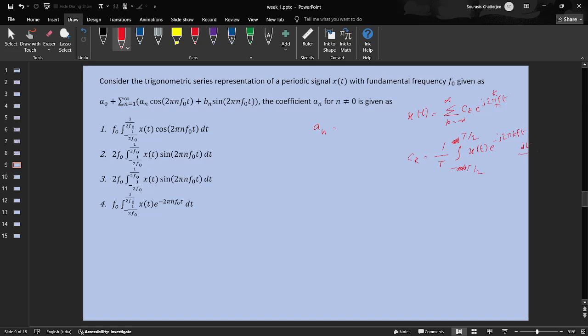So in the expression of an, we see that its cos sinusoid is multiplied. So let us try with that. The first one, let's see what x(t) times cos 2 pi n f naught t dt gets us, integrated between minus 1 over 2 f naught and 1 over 2 f naught here.